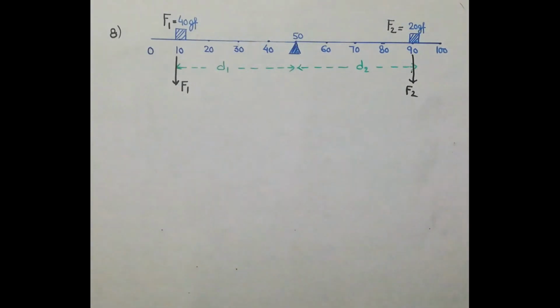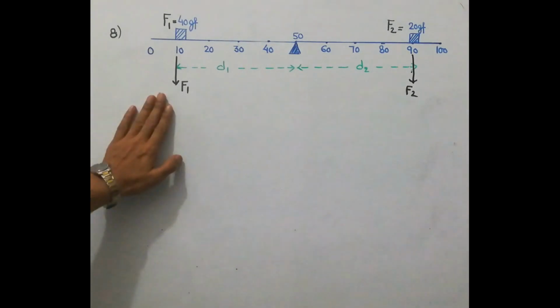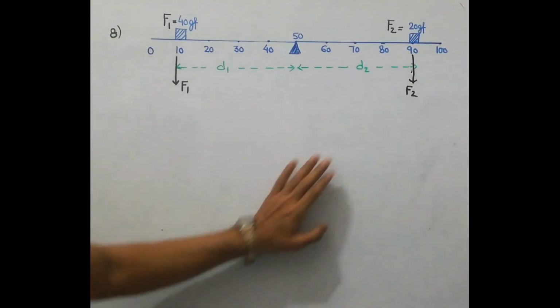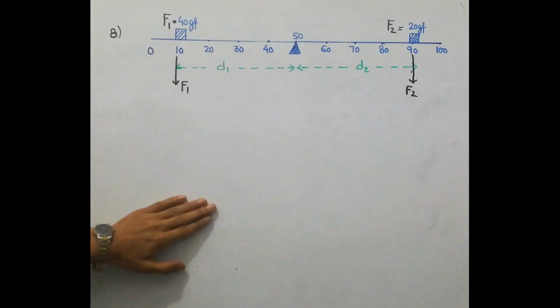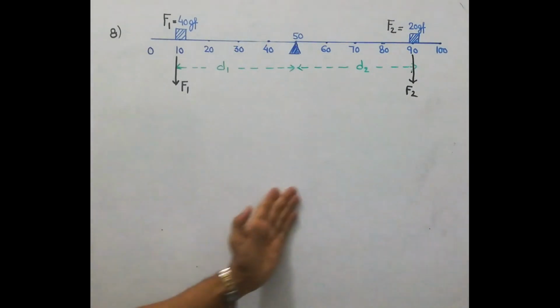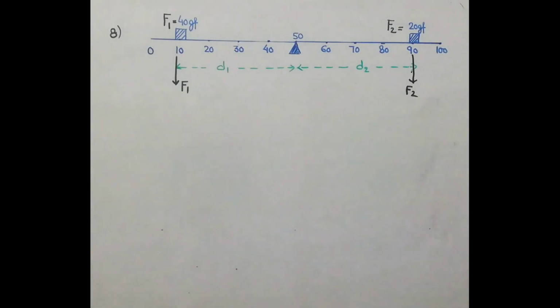Now the left side force is producing anti-clockwise moment which is already greater than the clockwise moment. See here, this F1 is producing anti-clockwise moment, F2 is producing clockwise moment and the anti-clockwise moment is already greater. So that means the third force has to be placed in such a way that it also produces clockwise moment, because clockwise moment is lesser.